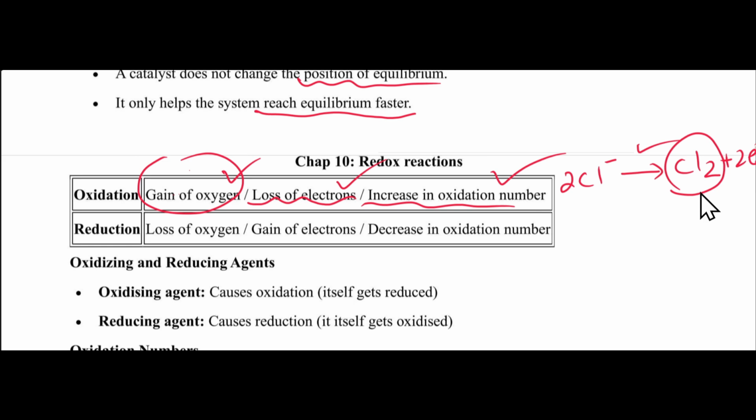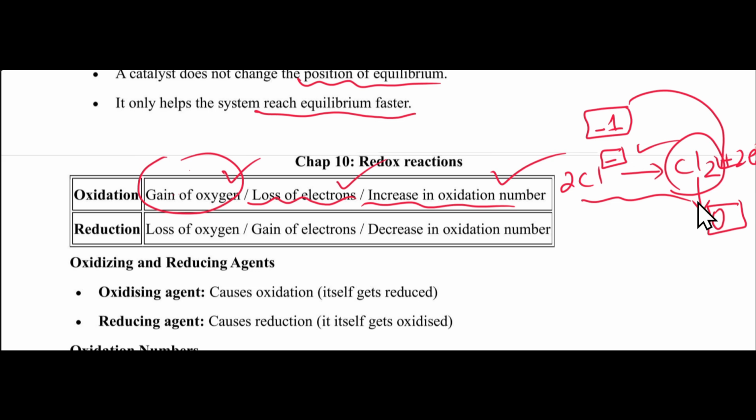Here the oxidation number is -1, and when we have a molecule, the oxidation state is 0. All the covalent molecules usually have a 0 oxidation state. So -1 is a smaller number, whereas 0 is a bigger number. So it means an increase in oxidation number. So this is an oxidation process.